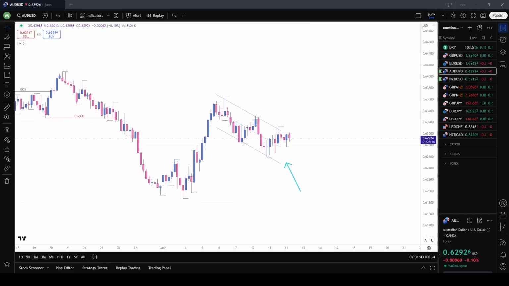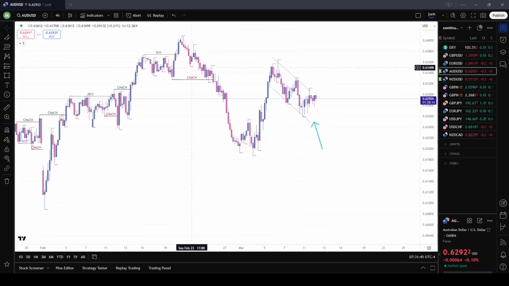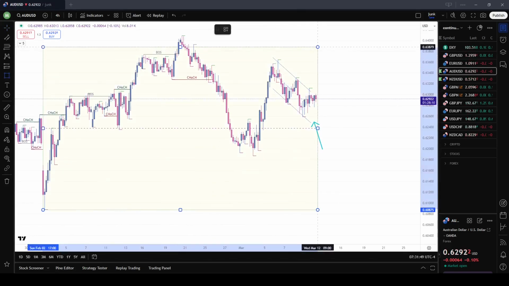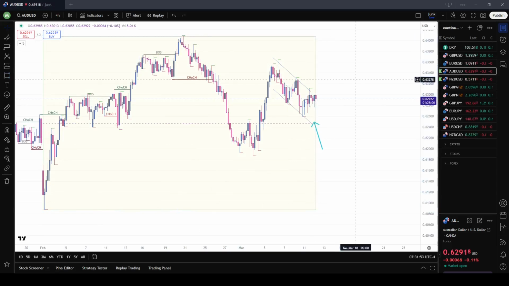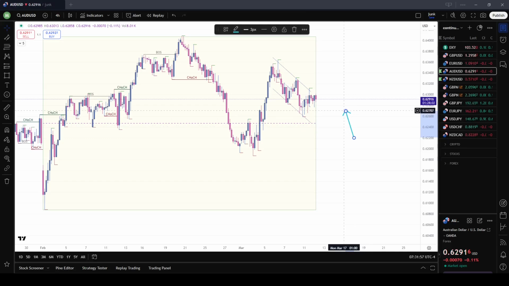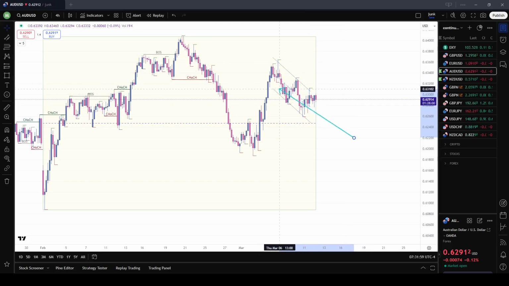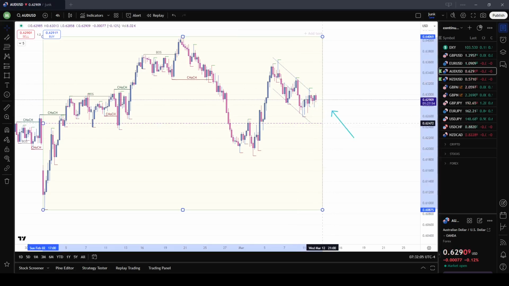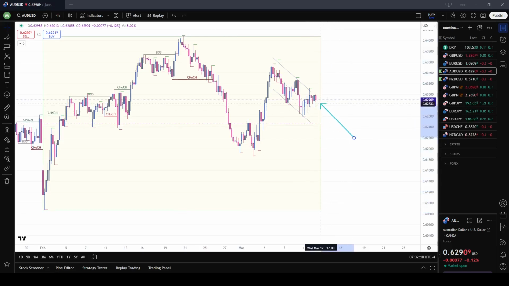AUD USD, like I was saying yesterday, let's go map out the current range. Like I was saying yesterday, still inside the overall range, and it started to make a decent channel correction, bull flag. Waiting to see if there's any opportunity to buy, which this looks like it's time to buy. It's already gone back into discount.